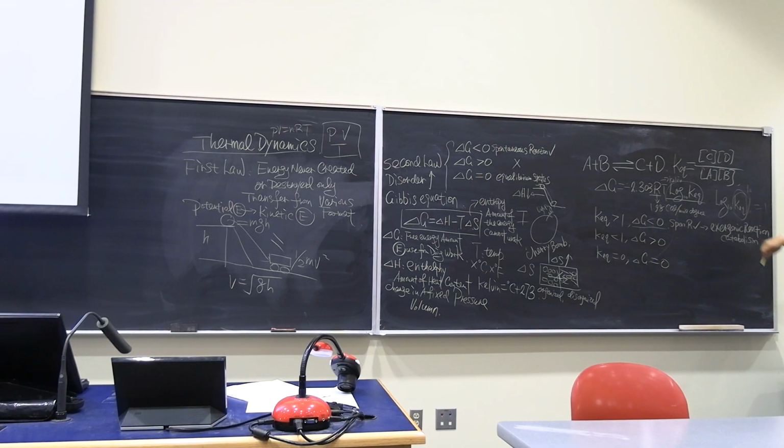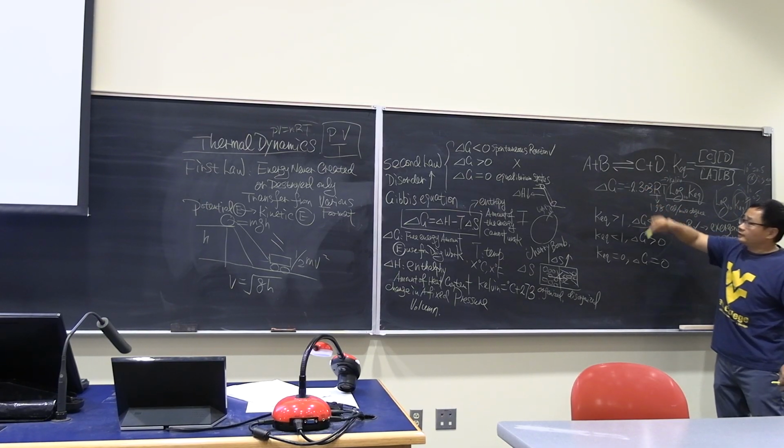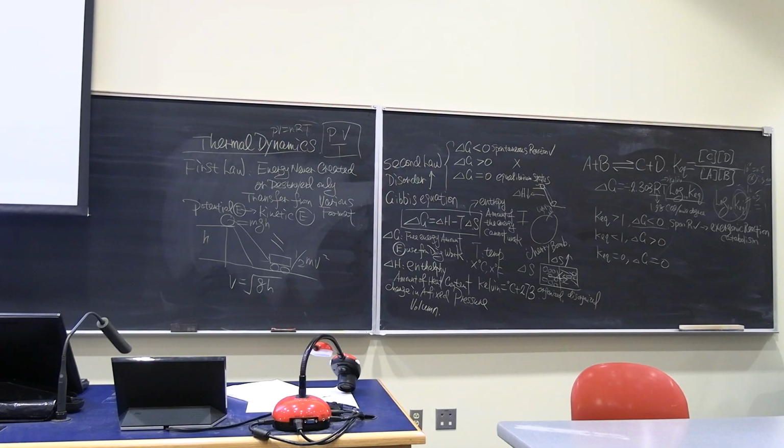Let's say K equals 0.5, that means 10 to the x equals 0.5, so x is less than 0. Once this part is negative and you have a negative in front, negative and negative is positive. Therefore, delta G is positive.